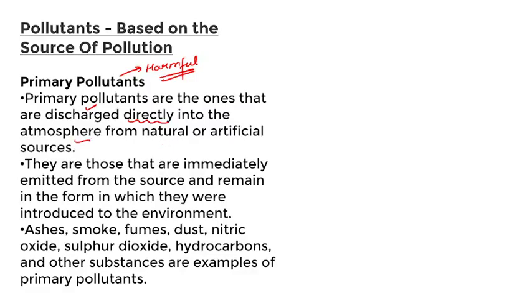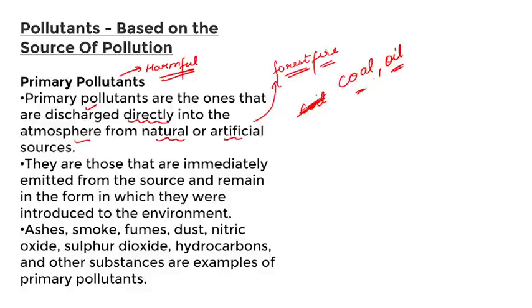And this direct entrance into the atmosphere can be from the natural source as well as from the artificial source, both sources. Natural sources are like whenever there's forest fire, ash, dust particles, or you can say fly ash and everything in case of forest fire. We are also one of those who are spreading these kind of pollutants. So when we burn coal, when we burn oil, they also cause pollution because they emit carbon dioxide, they emit carbon monoxide.